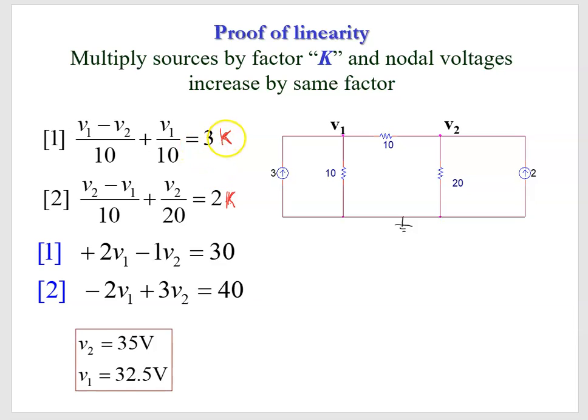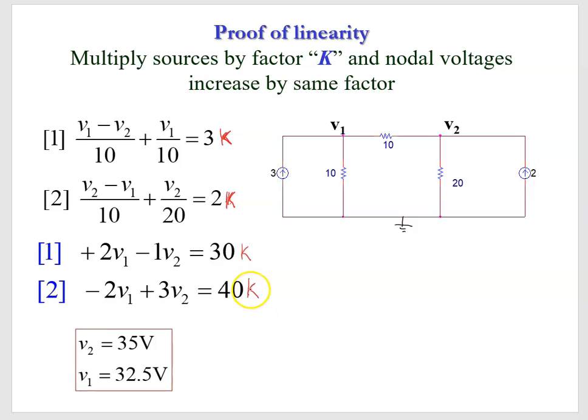Well, we're still going to multiply through our first equation by 10, so we'll end up with 30k. Multiply our second equation through by 20, we'll end up with 2 times 20k, or 40k.